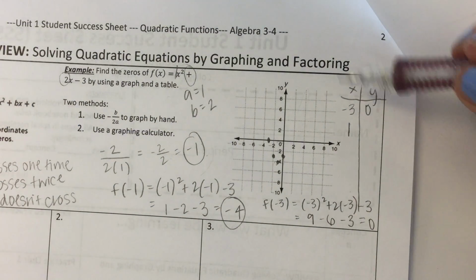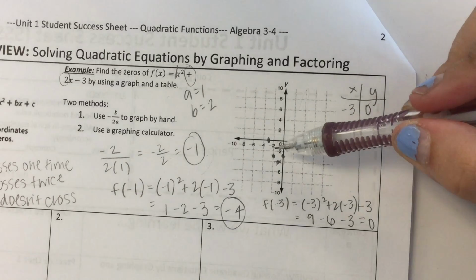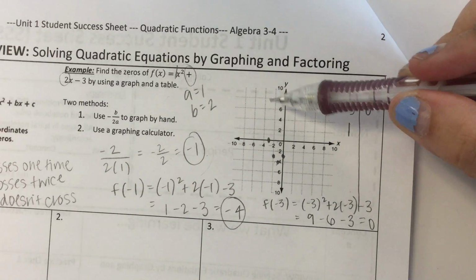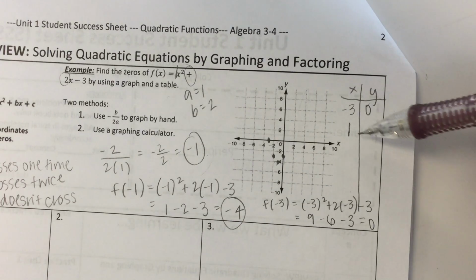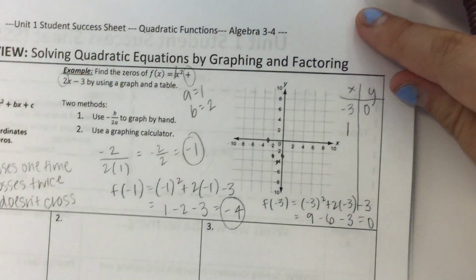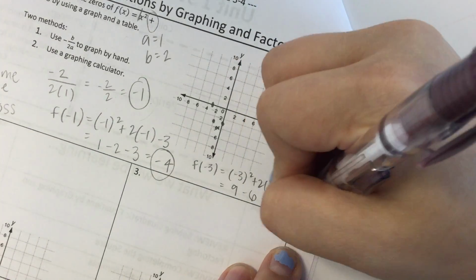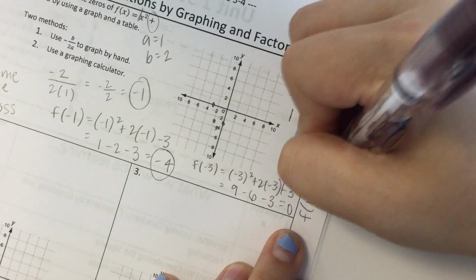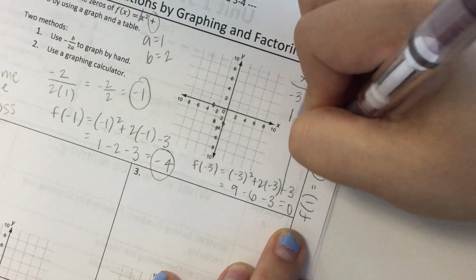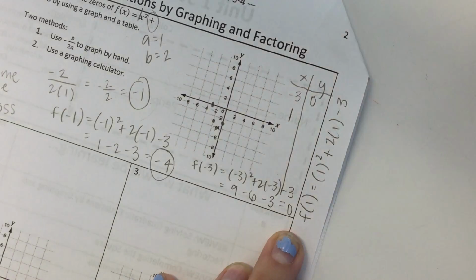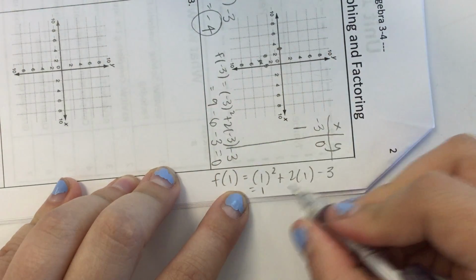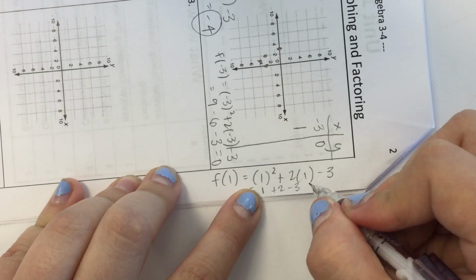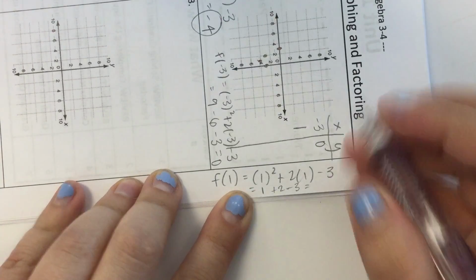My guess is that since this is a parabola and it's symmetrical, perhaps 1 will also be 0. Let's check and see. f of 1 equals 1 squared plus 2 times 1 minus 3. 1 squared is 1, 2 times 1 is 2, minus 3. 1 plus 2 is 3, and 3 minus 3 is 0.